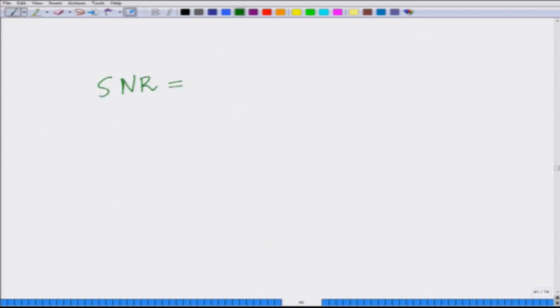SNR in this system with two receive antennas is P, the transmitted power, times magnitude of W bar transpose H bar whole square divided by sigma square times norm W bar square.